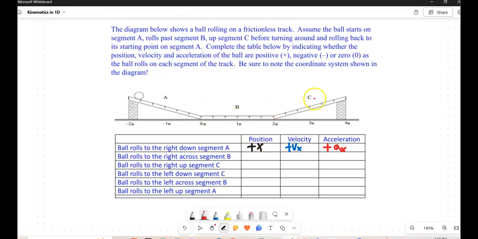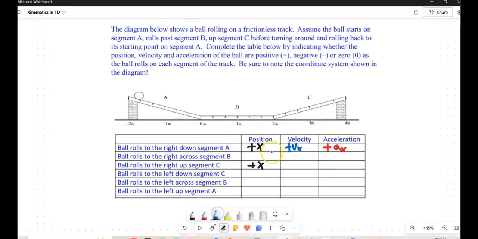Skip over B, let's talk about C. B and C are all positive positions. So we know our position as we're rolling up the ramp, we're skipping B, you can figure out that one, it's frictionless. So you're rolling up the ramp in C, so your positions are all positive.